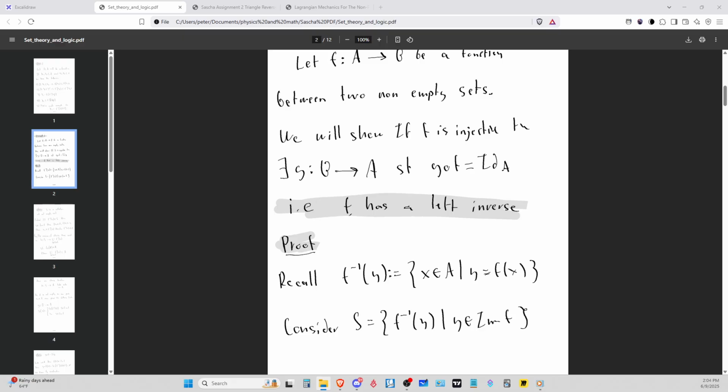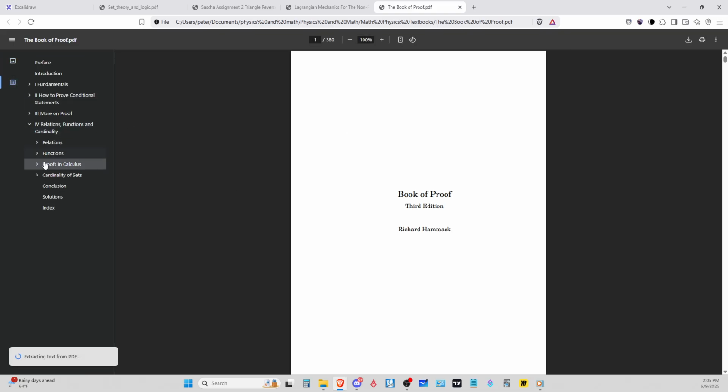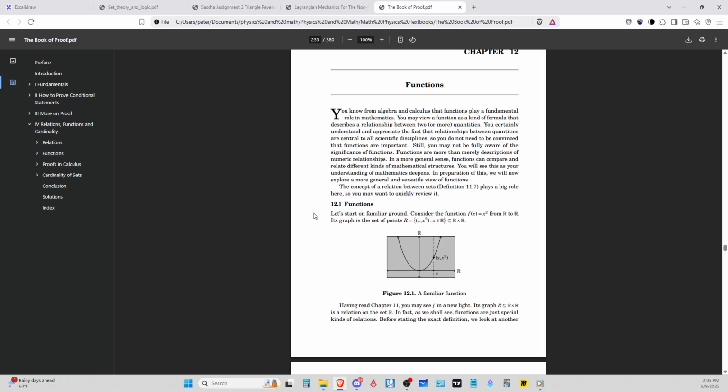Let's see. Because I think this will also help us. Look up proof. Let's open this. There we go. And I think we have to go into functions.